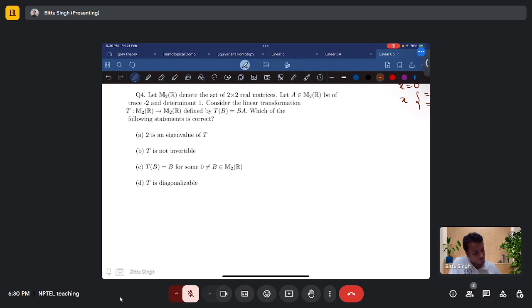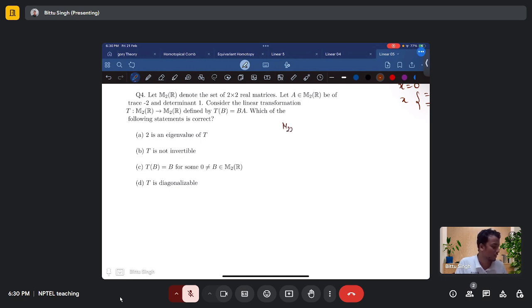Okay. So for those kinds of problems, in this case we need to find eigenvalues or diagonalizability. For those kinds of problems, first we obtain a matrix representation of the operator T. There are different approaches, but let me do it this way. So we know what the standard basis is for M2 by 2.